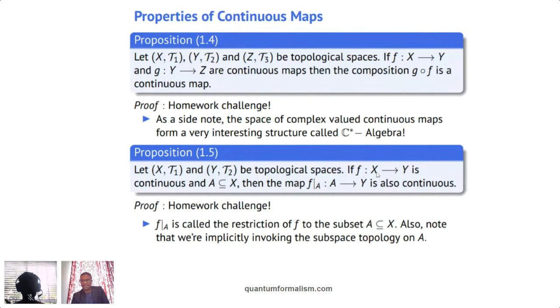If F is a continuous map and A is a subset of X, then the restriction of F to A, which is essentially restricting the domain to A, so a map from A to Y, is also continuous.